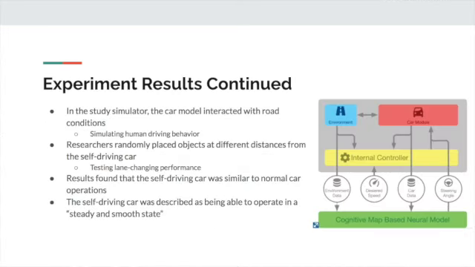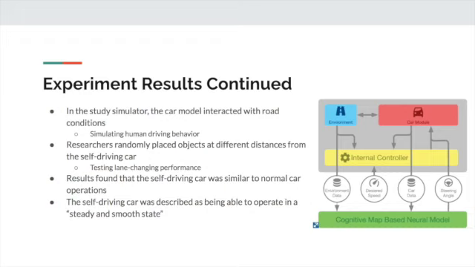So section B of the results states that in the study simulator, the car model interacted with road conditions and their states were sent to the internal controller as inputs to simulate human driving behavior in order to generate control sequences for adjusting attitudes of the car. During the study, researchers randomly placed obstructions or objects in front of the car at different distances to test how well it could change lanes and how quickly.